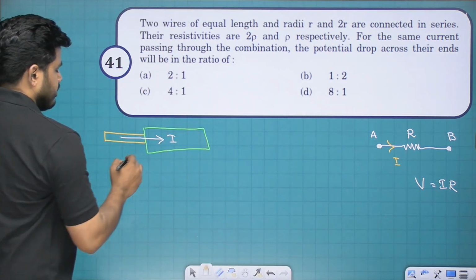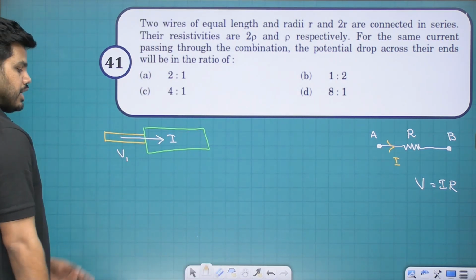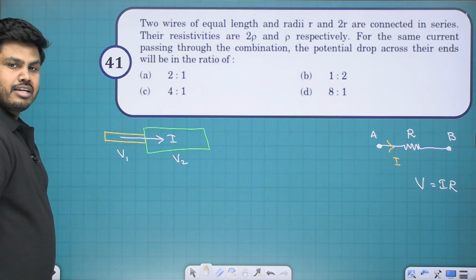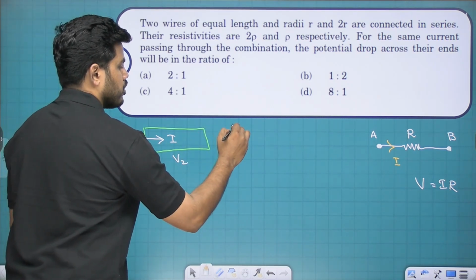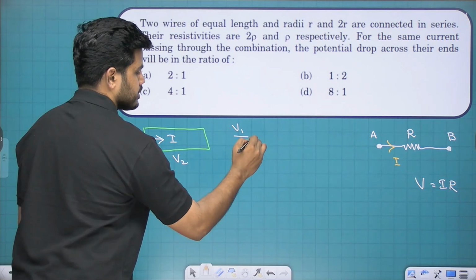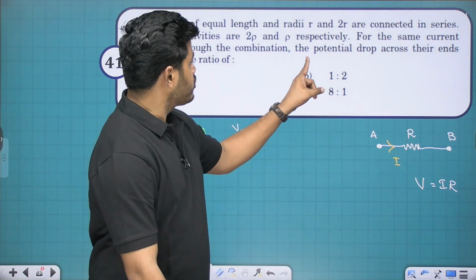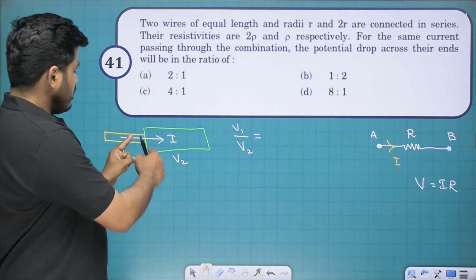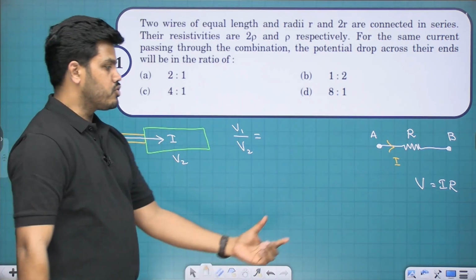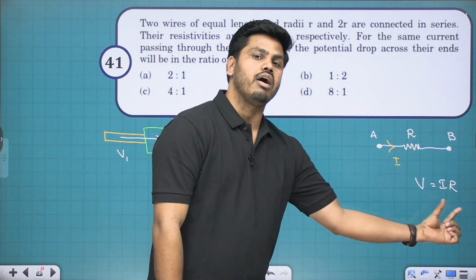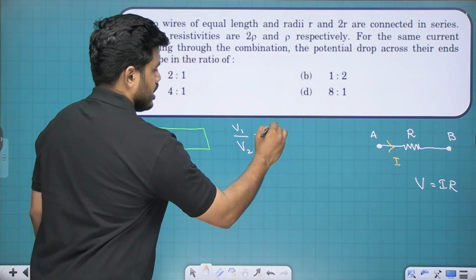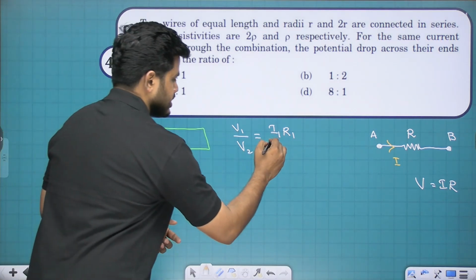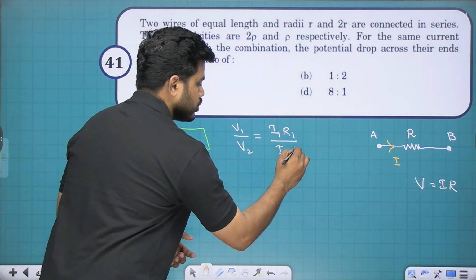So there will be a potential drop V1 across the first conductor and another potential drop V2 in the second conductor. You are asked to find V1 by V2, the ratio of the potential drops across their ends. The potential difference across a conductor is I into R. For the first one it is I1 R1, for the second it is I2 R2.